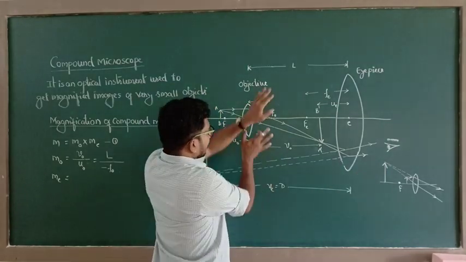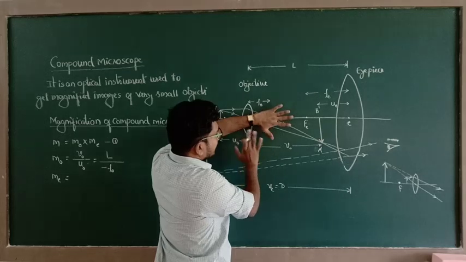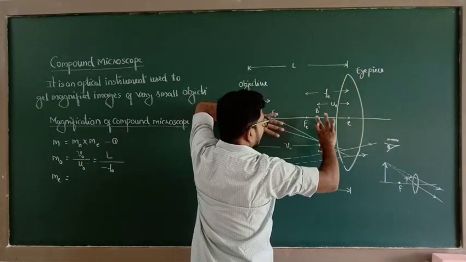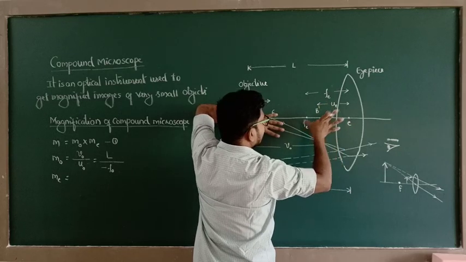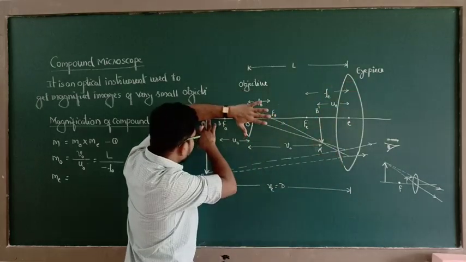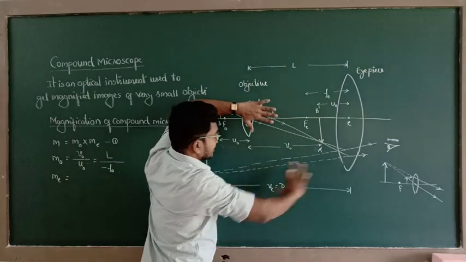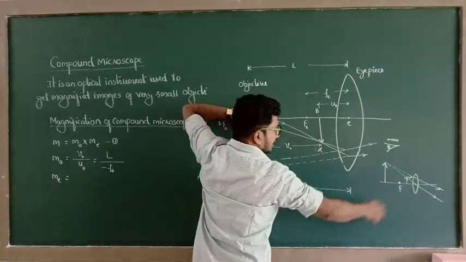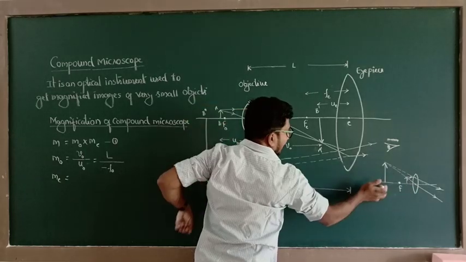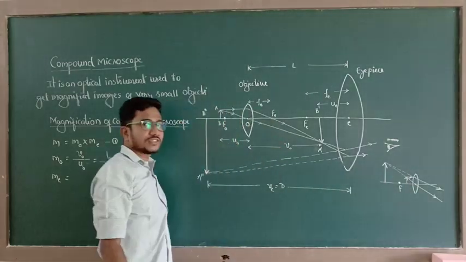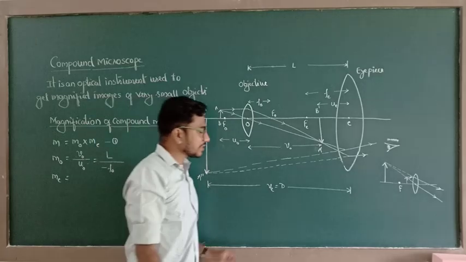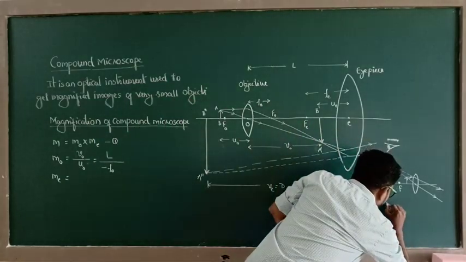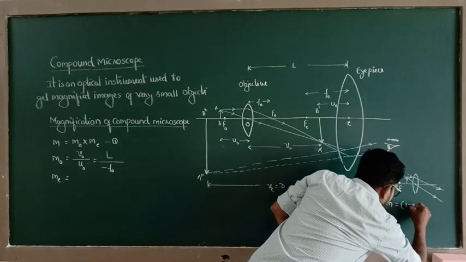Just imagine this setup: A dash B dash lies between the principal focus of the eyepiece and the optical center, and the final image A double dash B double dash lies at the least distance of distinct vision. This setup behaves like a simple microscope when the final image lies at the least distance of distinct vision.